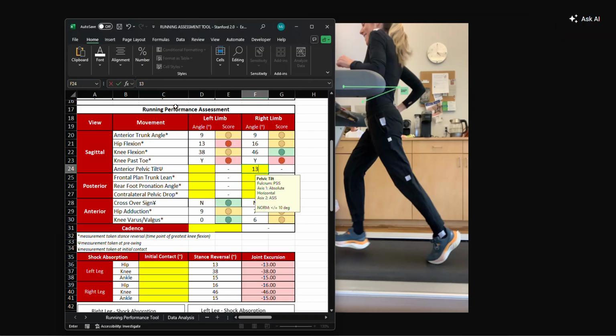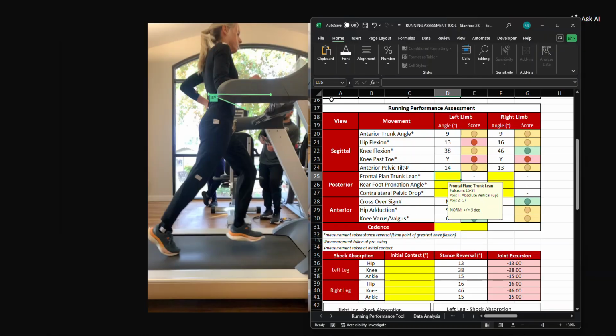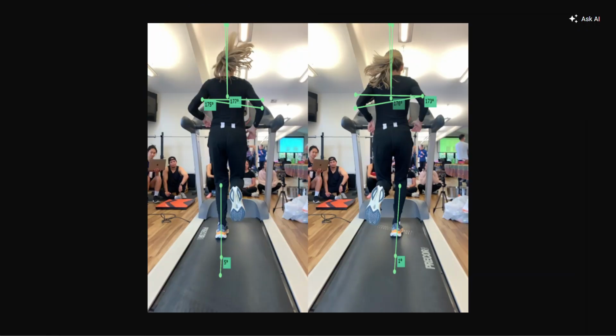And then on the left, we're at 14. And then frontal plane, trunk angle for lateral flexion. So we're at 176 versus 177.